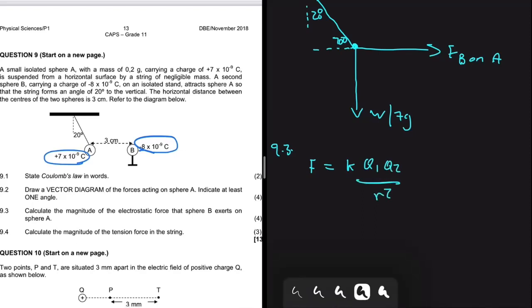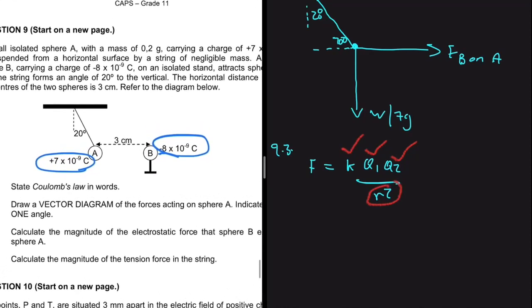Let's say Q1 is sphere A. We know the charge of sphere A, we know the charge of the second sphere, B, and we know k, that's a constant. Now let's look for r squared. The distance between them is given as 3 centimeters. So r is equal to 3 centimeters divided by 100. We're converting from centimeters to meters, you divide by 100.